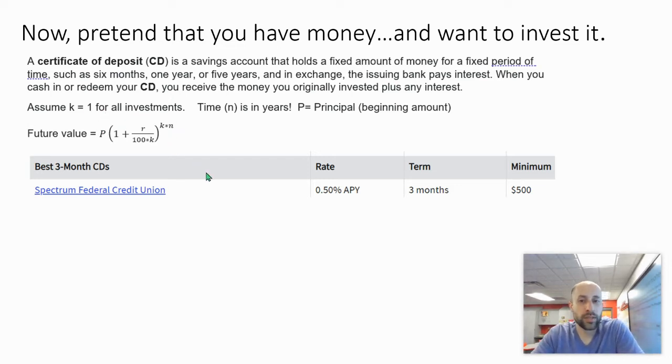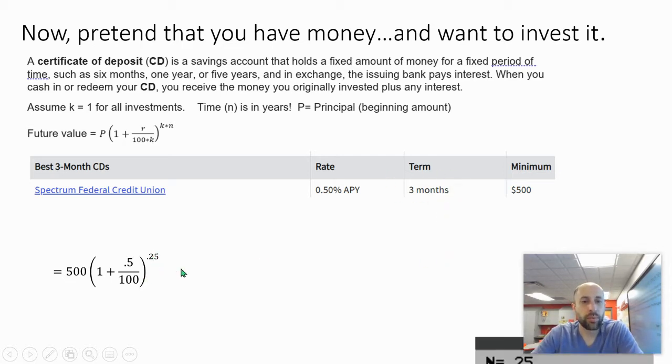So when we set that up using the formula, we have the 0.5 is the rate. Remember, that is the percent. And then notice here we get 0.25. You take the number of compounds per year, which is 1, times the number of years, which is 3 months. So notice N is in years. So we have to convert this 3 months to years. And so that's where we get the 0.25.